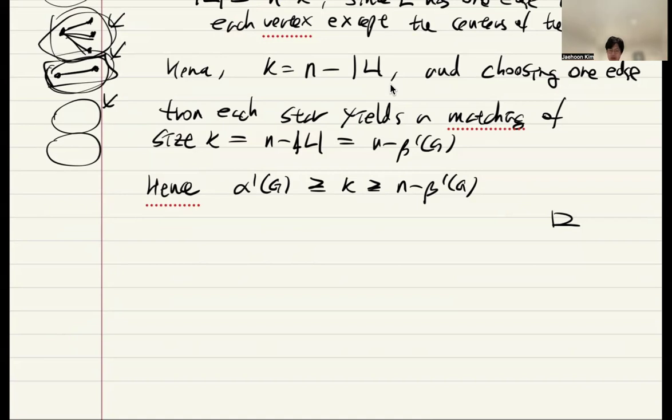And in the next video, we will talk about matchings in more general graphs. If we have a general non-bipartite graph, what can we say about its matching number? It's more complicated than the bipartite case, but we will have some tools that we can exploit.